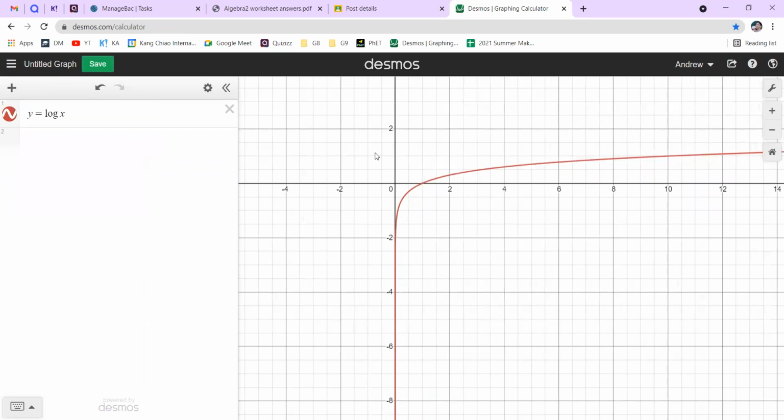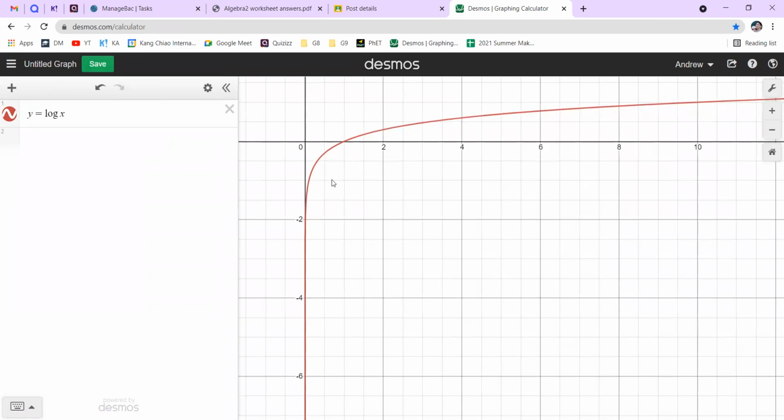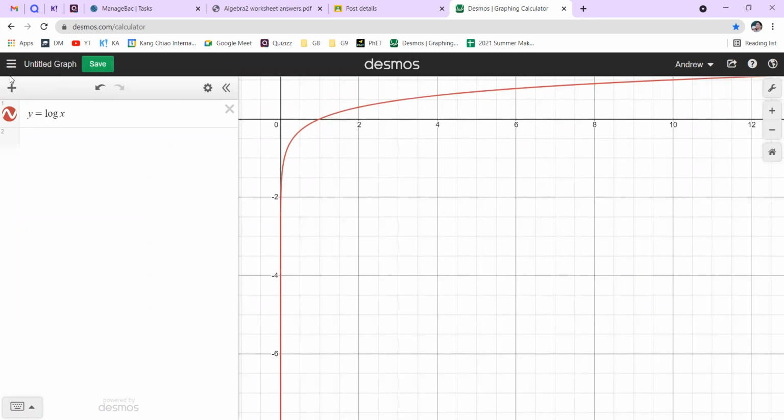I suggest when you do the practice, use decimals to help you find the transformation. This is the basic log function graph. So let's come back to here, back to OneNote.